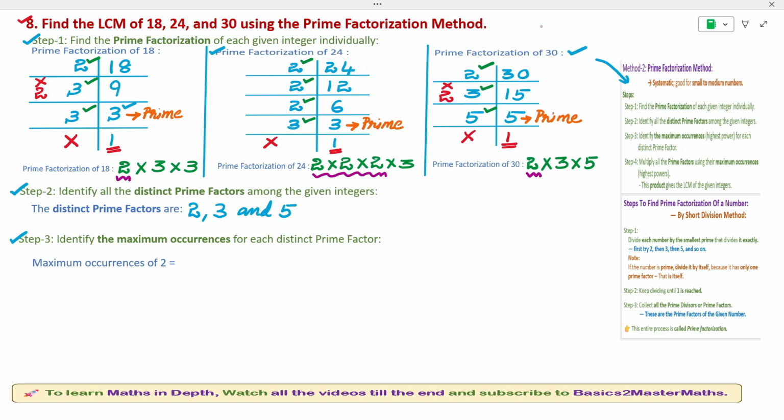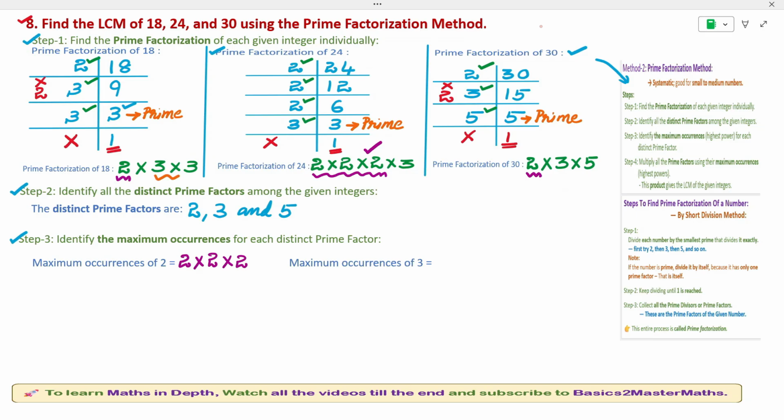But it occurs more times in the prime factorization of 24. So, we take 2 multiplied by 2 multiplied by 2 as its maximum occurrences.